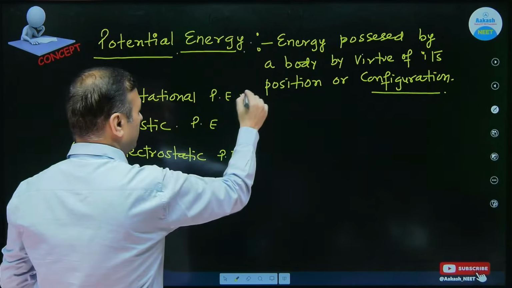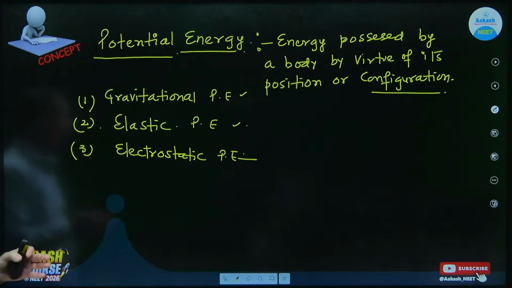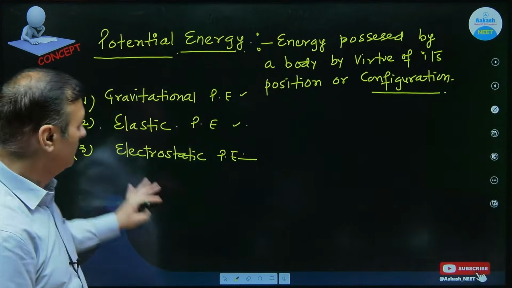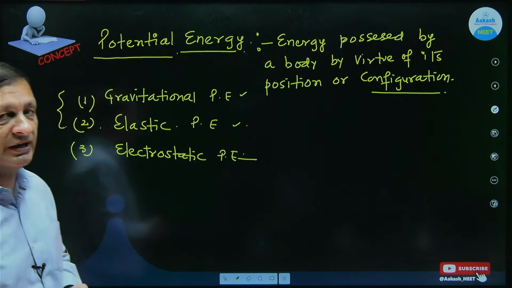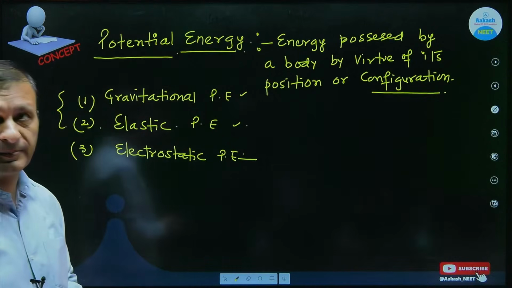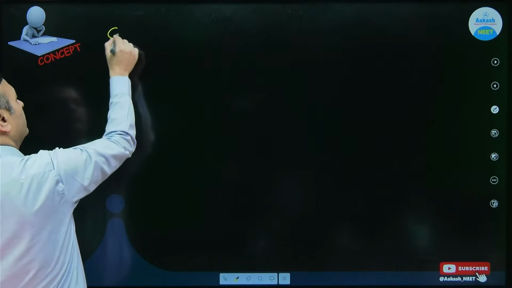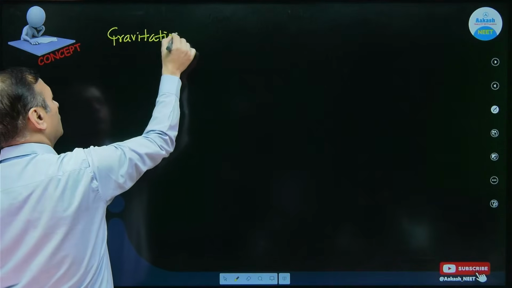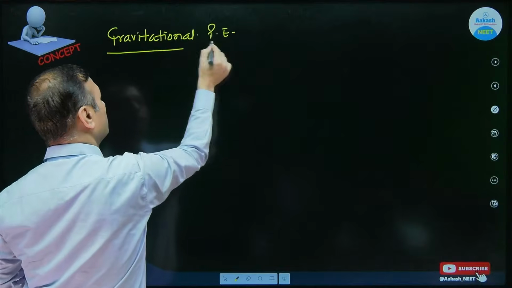This will be dealt with in plus one, and this is purely a part of your electrostatic part, which involves charges at rest. So this is a part of your plus 2. So we'll be focusing primarily on these two, gravitational potential energy and elastic potential energy. You got it? So we have gravitational potential energy.